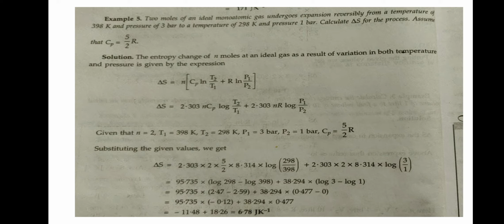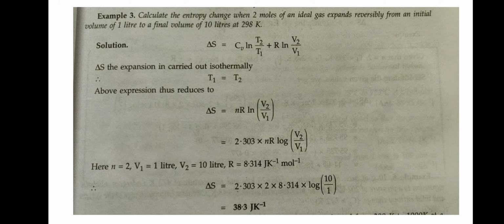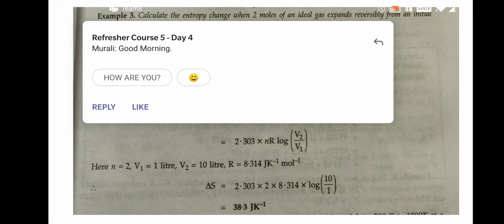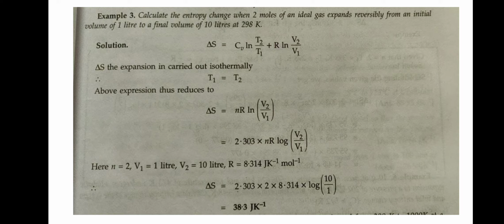Now let's move to the next example. Next question is, calculate the entropy change when 2 moles of an ideal gas expands reversibly from an initial volume of 1 liter to a final volume of 10 liters at 298 Kelvin.